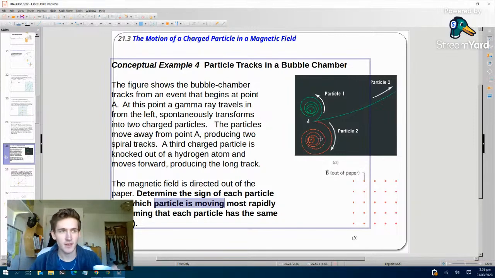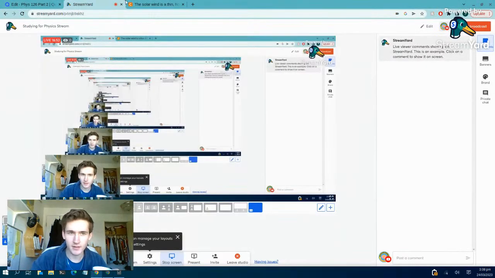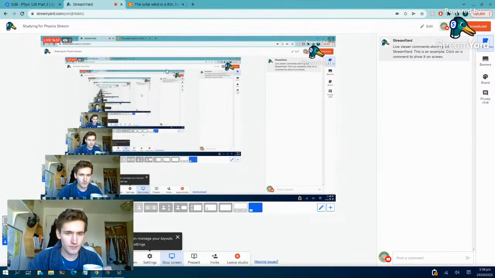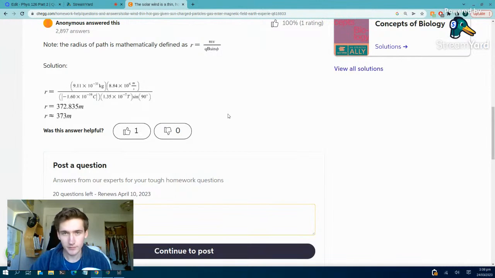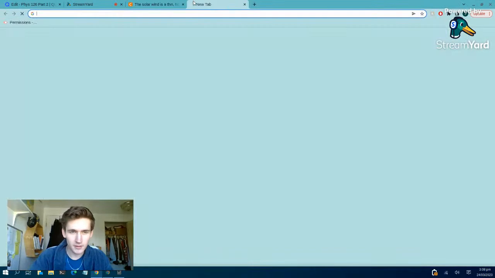They both have the same magnetic field, but different velocities, and Q, V, B. Yeah. So let's see if we got it right here.